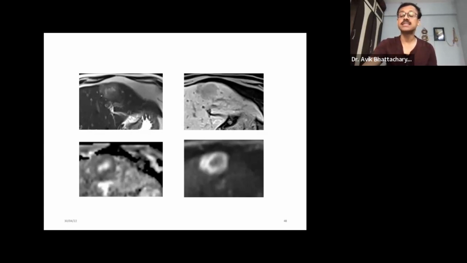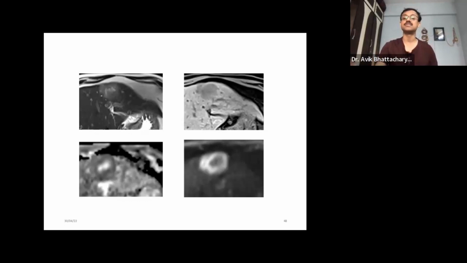But in that case, we would look at other characteristic features like washout on the portal venous phase, peripheral rim, the rim we see in delayed phases of the contrast study. And the in-phase, opposed-phase scan would tell us whether this lesion contains any fat inside. These characteristics would not fit with a solitary hypervascular metastasis.